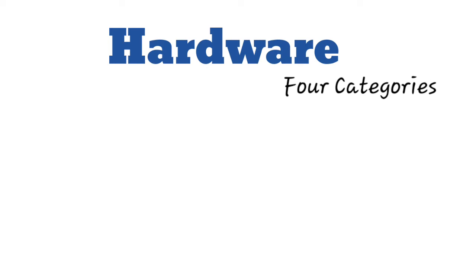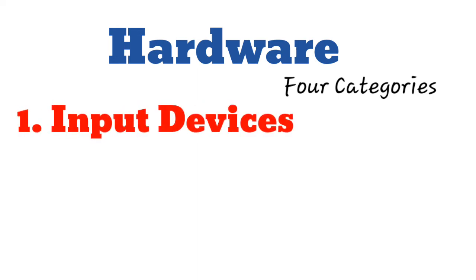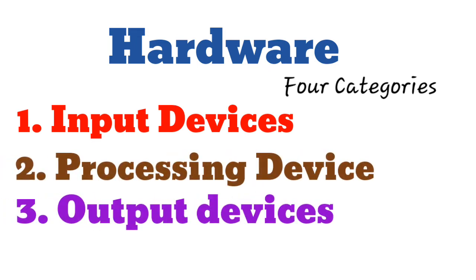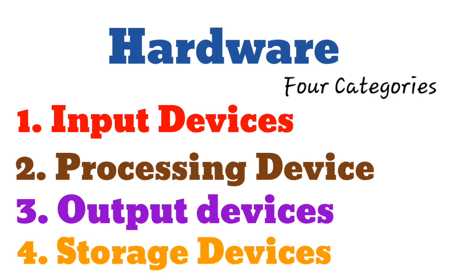According to the principle of input, process, and output, all the hardware of a computer is classified into four categories. The four categories are input devices, processing devices, output devices, and storage devices.